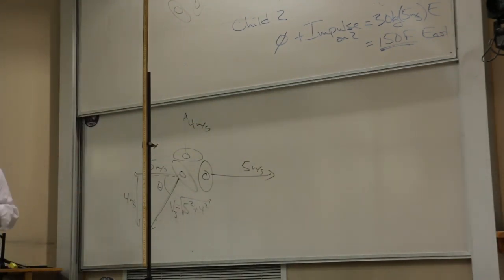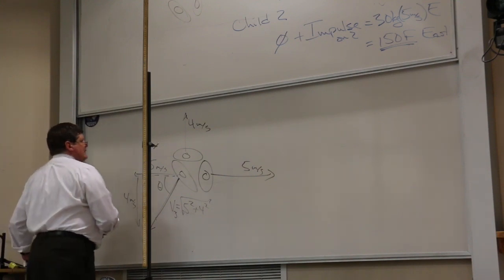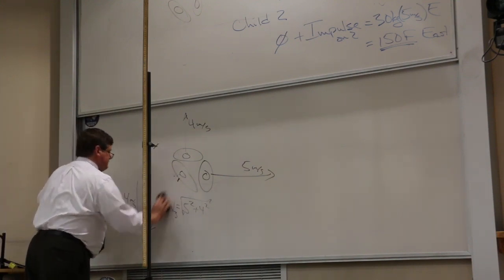What you should have said to your neighbor is, there is no law for conservation of velocity. Velocity is not conserved in a collision. Momentum is conserved in a collision. So I've got to go back and start over.